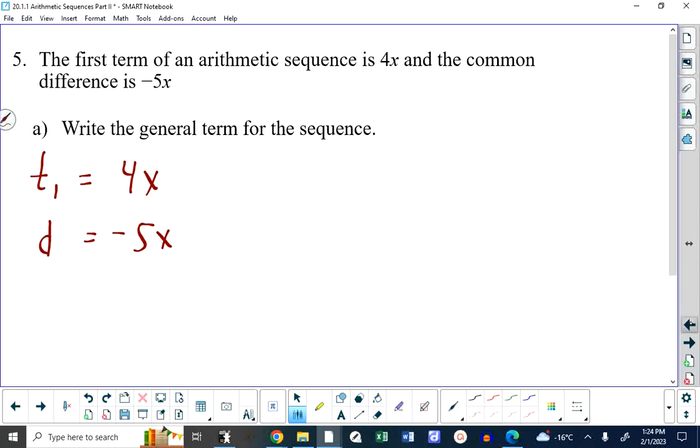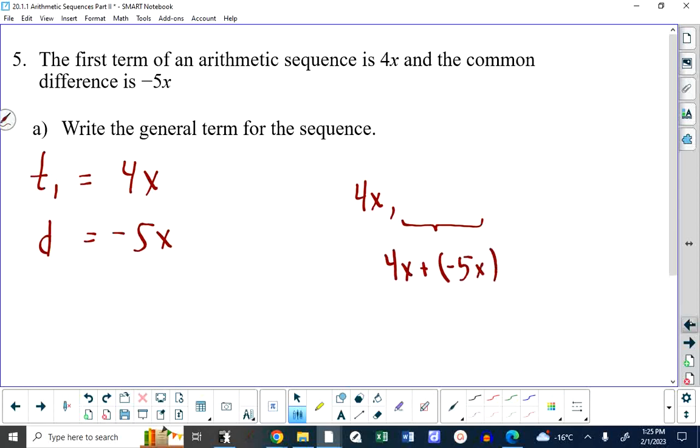The first term is 4x. What would the second term be? Well, the second term is going to be the first term plus the common difference. So what do I get if I take that first term and I add the common difference?